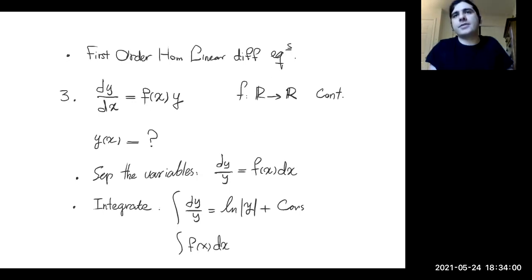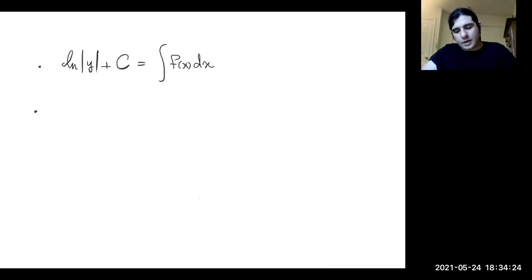We don't know what f is, so we don't know what the integral of f(x) dx is. But these two things are supposed to be equal. So ln of absolute value of y plus a constant c is supposed to be equal to the integral of f(x) dx. Maybe I would move the constant c to the other side.